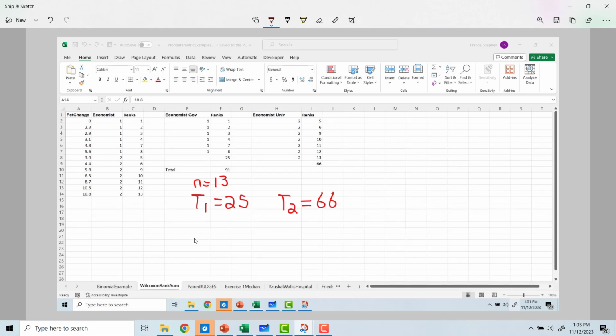We're going to say that T1 plus T2 equals n times n plus 1 all over 2, which is 13 times 14 all over 2, which is 182 over 2, which is 91. We can verify that this equals 25 plus 66, which is 91.